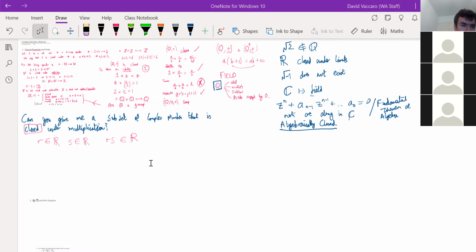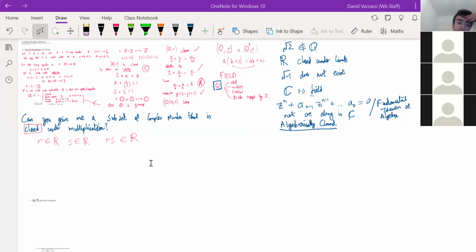Right, someone suggested even reals. But what does even reals mean? Even and odd is not a property of real numbers. It's a property of natural numbers. It makes no sense to say that pi is even or odd.